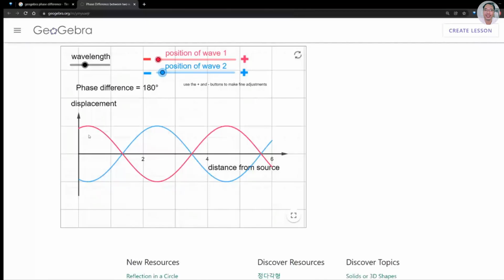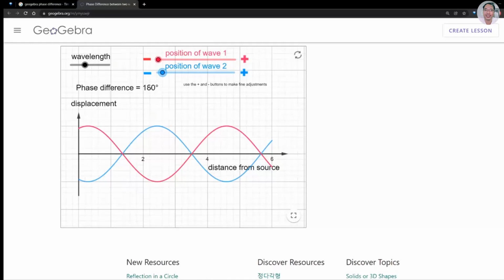The two waves are said to be different in phase by 180 degrees, opposite in phase. So the difference in phase here is determined in degrees, 180 degrees, like opposite. Like you turn 180 degrees from in front of you to behind you.